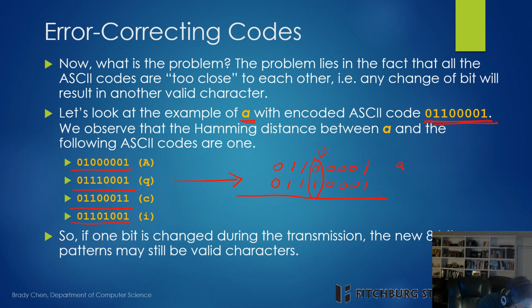That means if one bit is changed during the transmission, the new 8-bit pattern may still be a valid character, so the receiving side may not know. Again, parity checking can detect whether there might be a transmission error, but it still cannot figure out which bits were changed. Okay. Now let's go further.